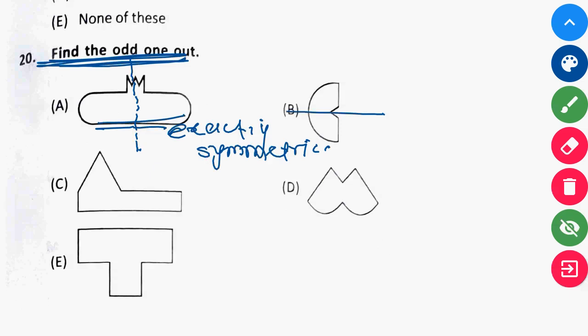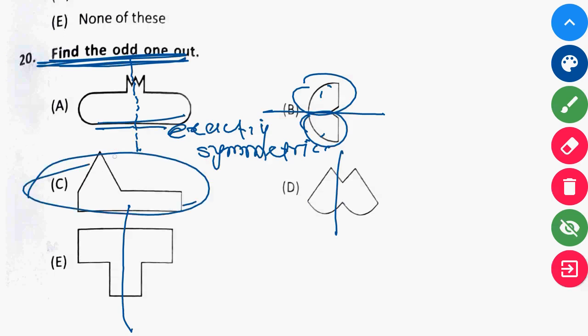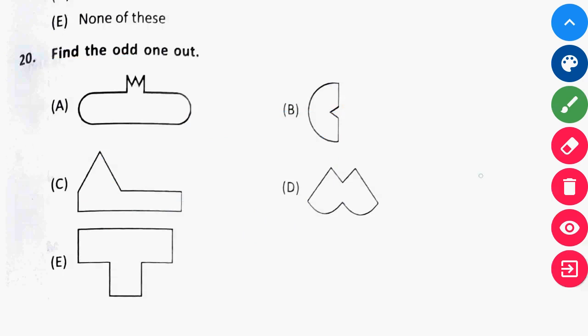If we divide this shape, we also get a line of symmetry dividing this shape into exactly two same portions. If we draw a line of symmetry here, again we get the same thing. Here, then again we get the same thing. But for option C, if we divide the figure in a vertical plane or a horizontal plane, we do not get a line of symmetry. So option C is the odd one out.